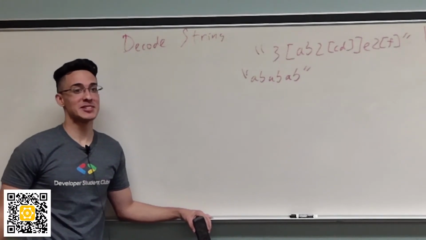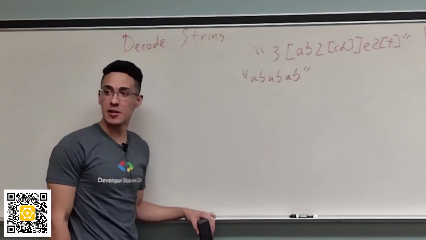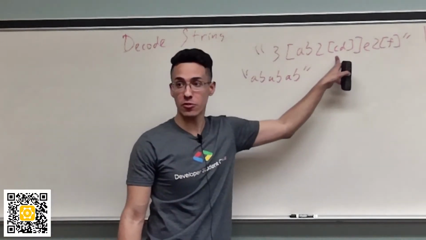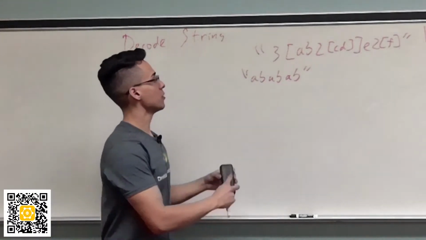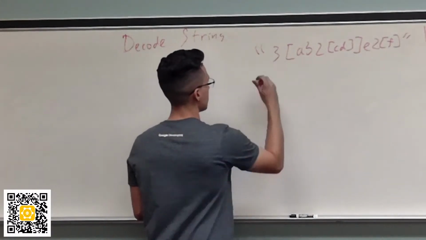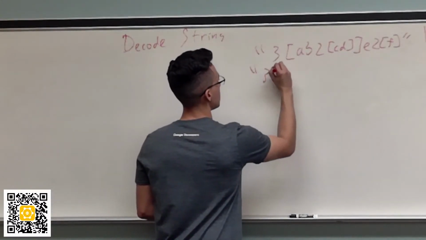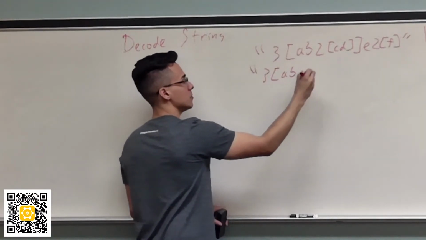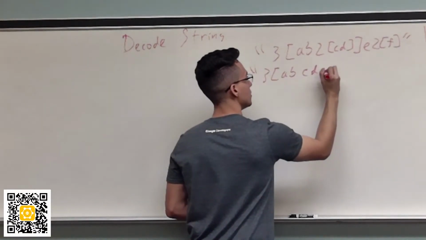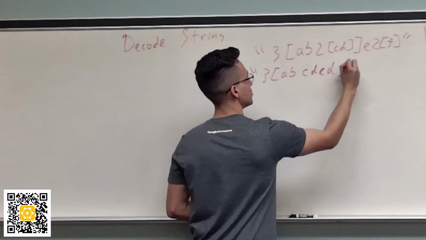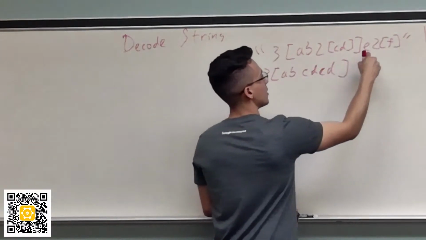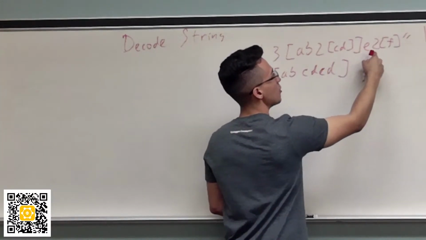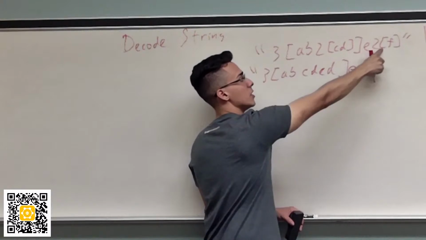What about then? So you can solve the inside first. CD, CD. Yeah, let me do that. So 3 AB, you said CD CD? Yeah. CD CD, because CD is twice. And this is 2F.